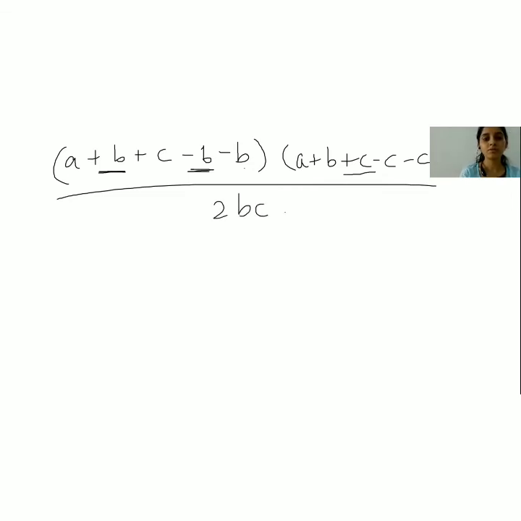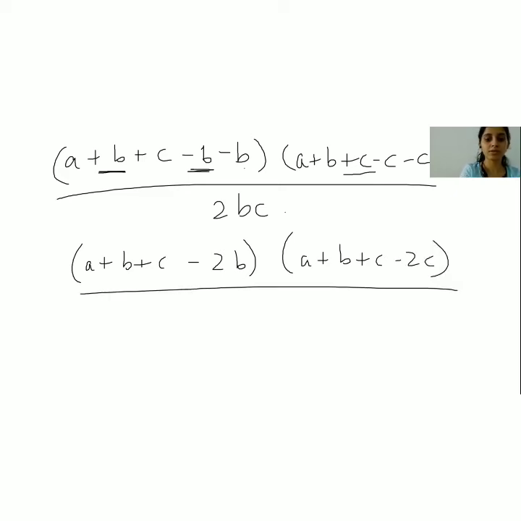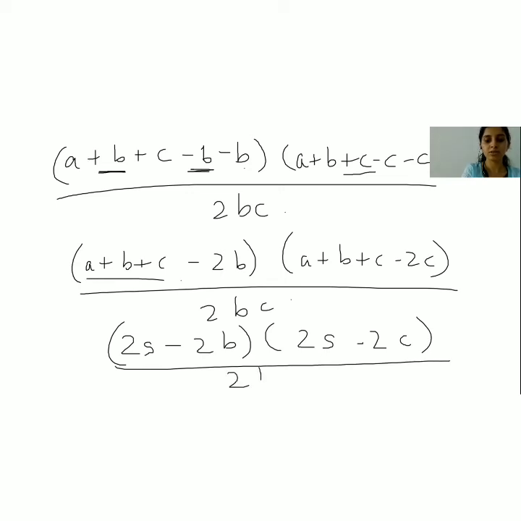Okay, now this will be equal to A plus B plus C minus 2B, right, and A plus B plus C minus 2C, okay, upon 2BC, right. Now what is A plus B plus C? It is 2 times the semi-perimeter, okay, minus 2B as it is, and this is again 2 times the semi-perimeter minus 2C as it is, divided by 2BC, right.